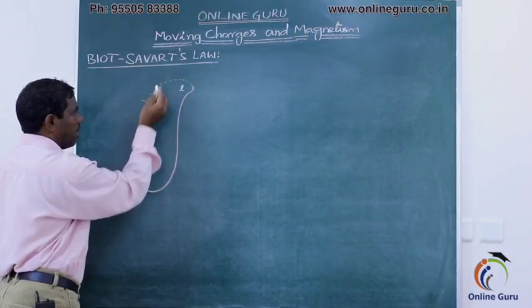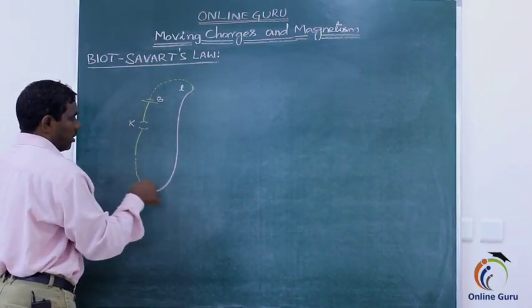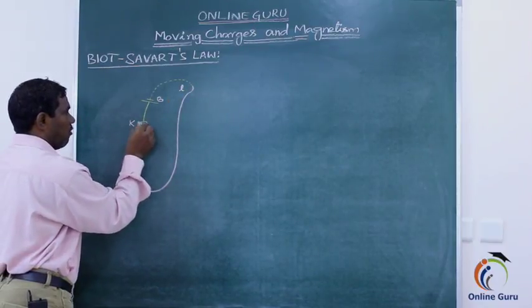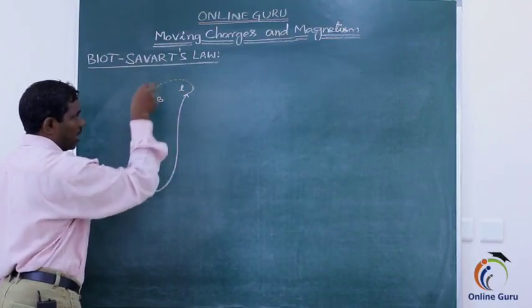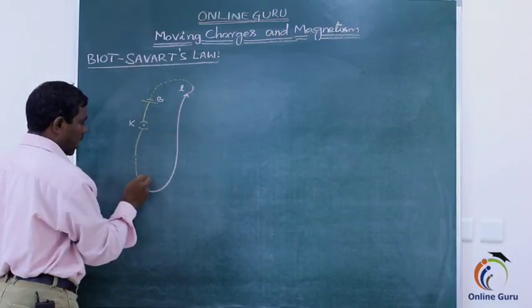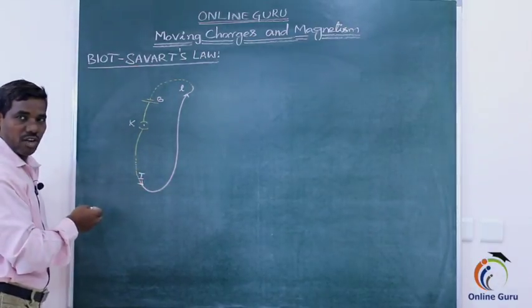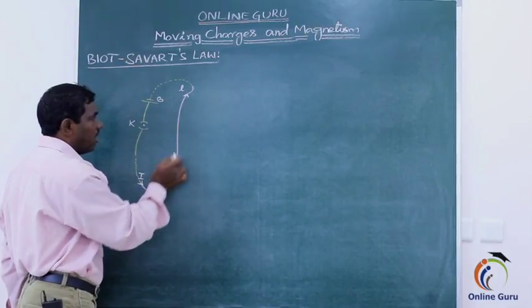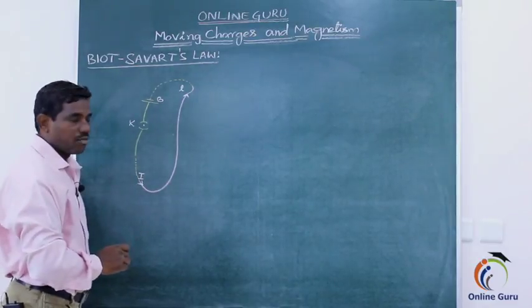The battery is represented as B, and the key is represented as K. This is an infinitely long current carrying conductor. When we make the key, current passes through the conductor. The strength of the current in the conductor is represented as I. According to Oersted's observation, a current carrying conductor produces a magnetic field around it in the form of concentric circles.